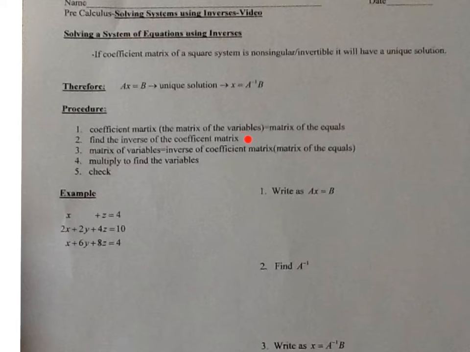The matrix of the variables equals the inverse of the coefficient matrix times the matrix of your equals, that's your B. You multiply these together to find your variables, and then you do have to check.